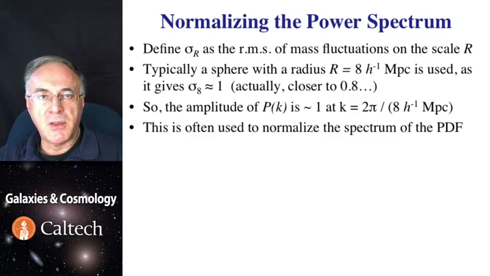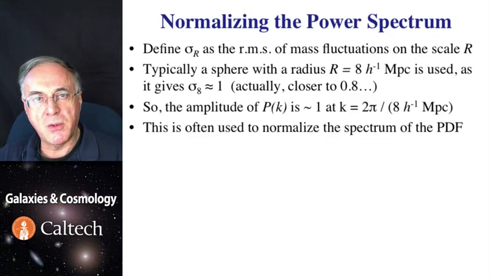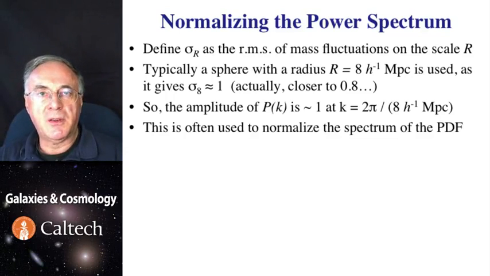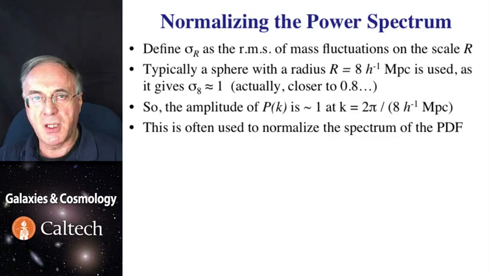Typically, a sphere of radius 8 h^-1 megaparsecs is used because that gives the RMS of fluctuations close to unity. It turns out it's a little less than that for modern measurements, but traditionally 8 megaparsecs is used. So whatever the value of that is gives us unit normalization of the power spectrum at that spatial scale.